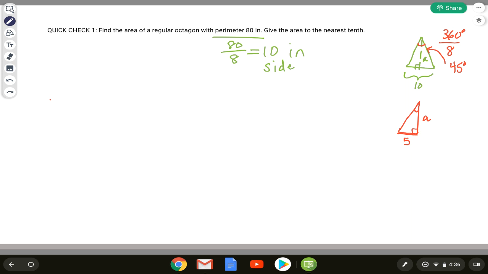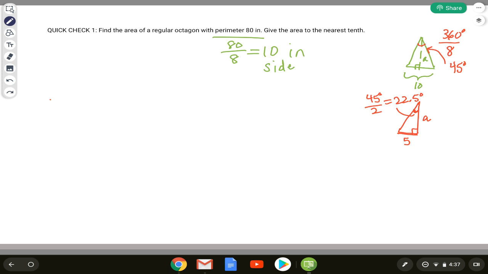The angle that I have drawn below is half of that 45-degree angle, because the apothem bisects the angle and the side across it that it intersects. So that angle will be 45 divided by 2, which is 22.5 degrees.